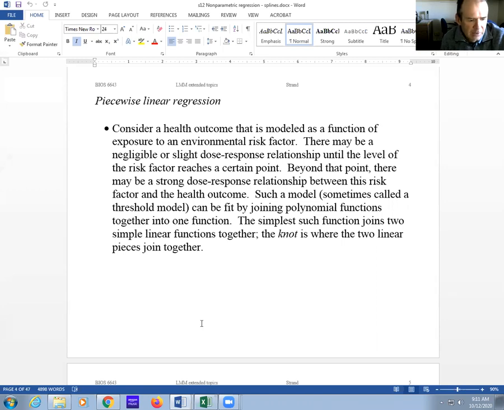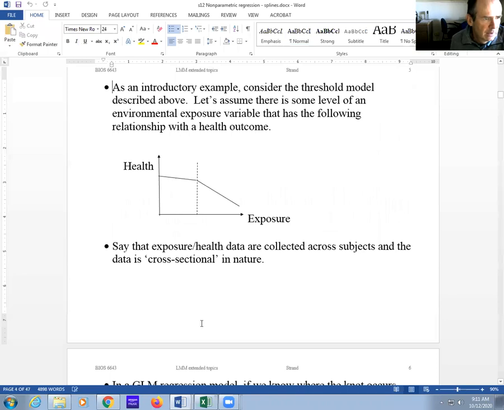But at low levels, maybe there's no health response, and you have to reach a certain point where it becomes an issue. This is just a simple diagram showing that their health stays well up to a certain point, but once the exposure level gets to a certain point, then there really is a stronger dose-response relationship.